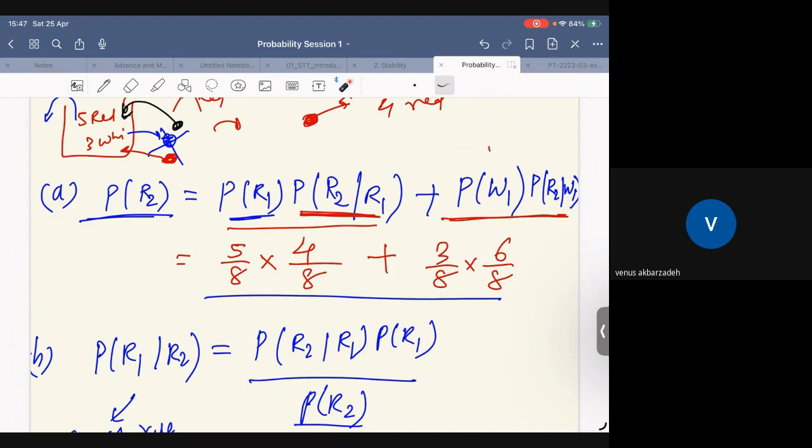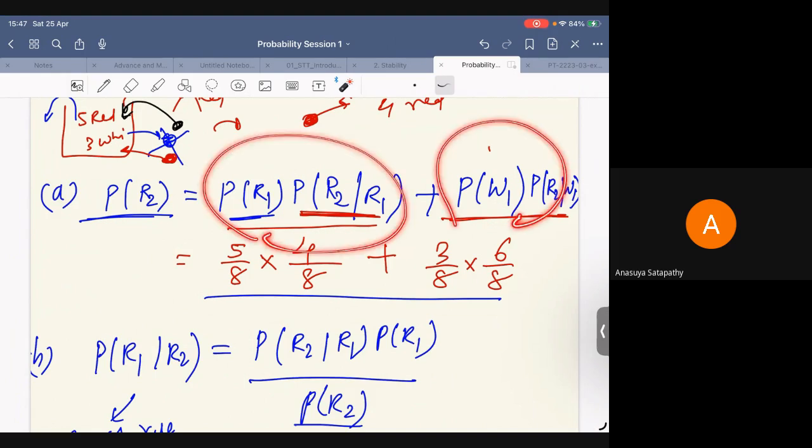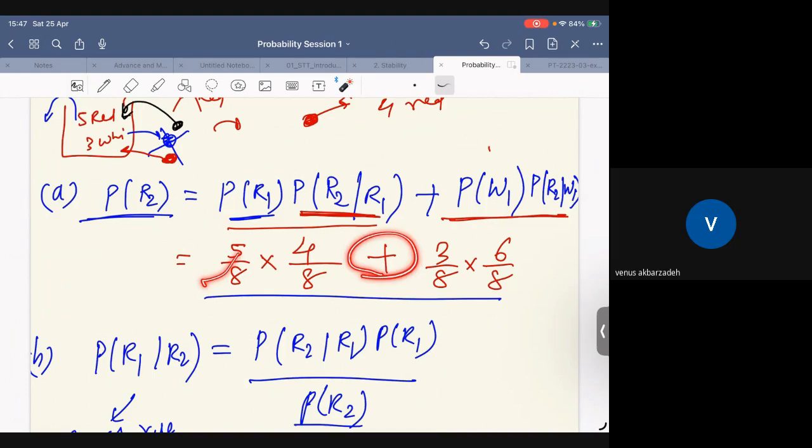But when you have to consider everything that can happen, it is a union and you sum them together. Whenever there is an or condition, this can happen or that can happen, we add.